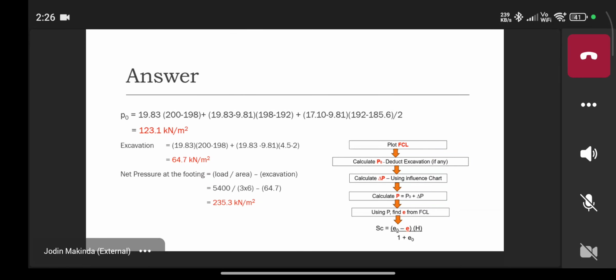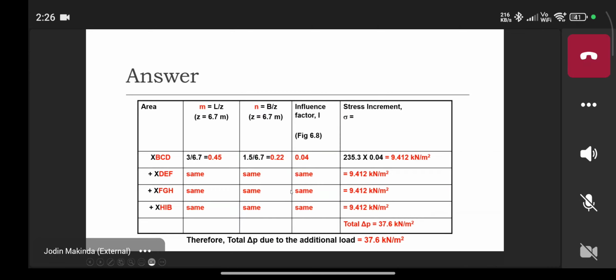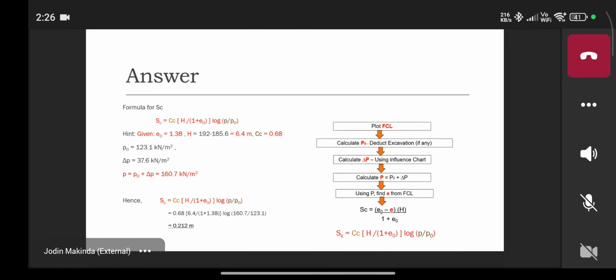So initially, the stress is 1 to 3. After the construction, increasing 37.6. Therefore, initially P naught is 1 to 3.